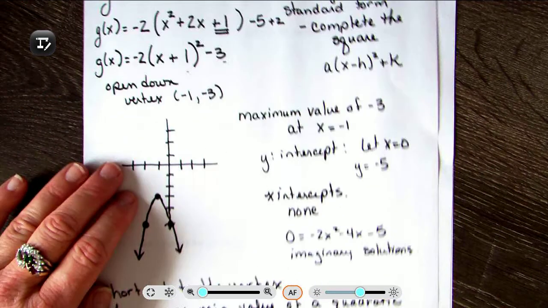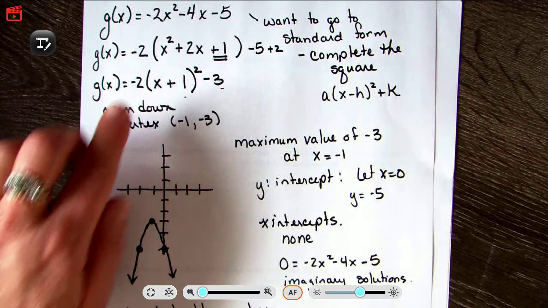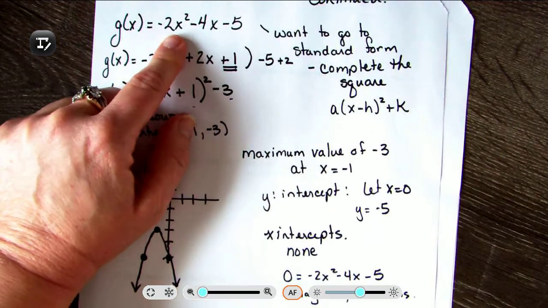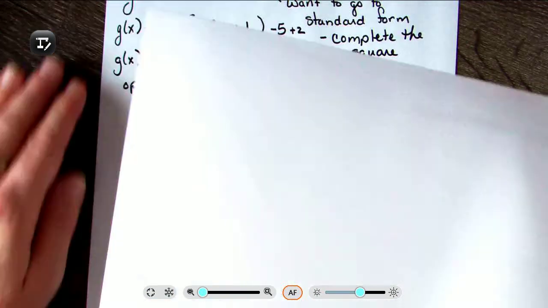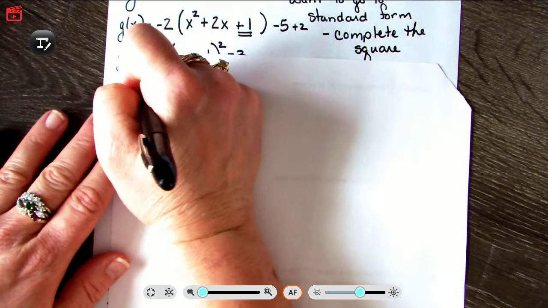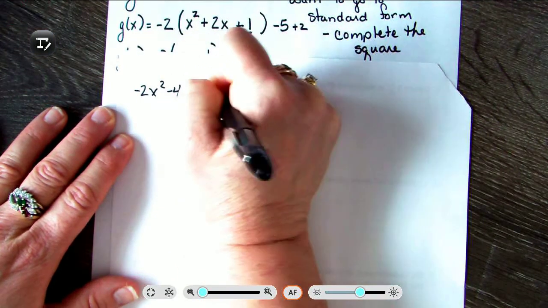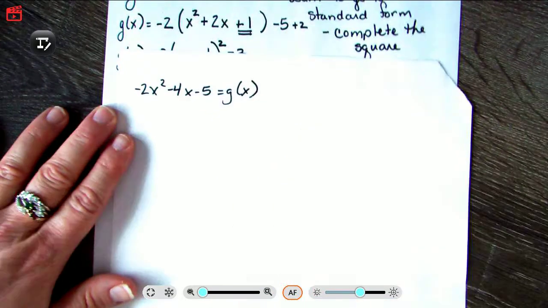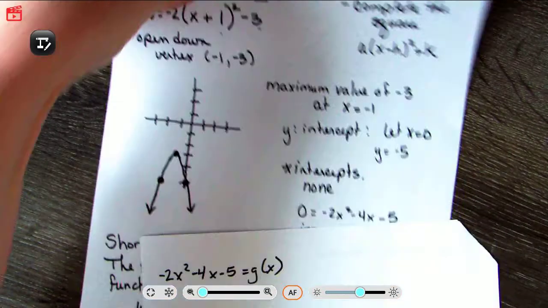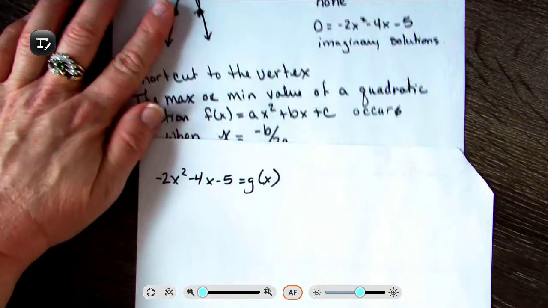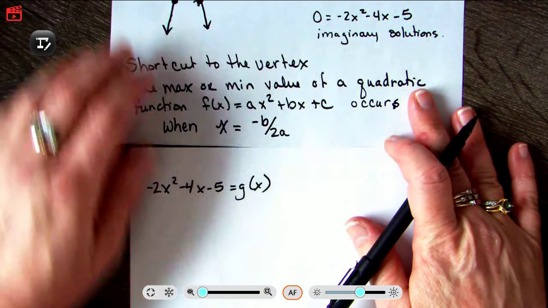So we had this function here, that negative 2x squared, and I'll write it down on a new piece of paper. There's my function.